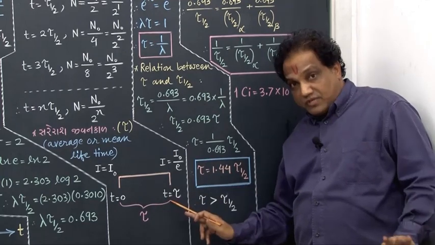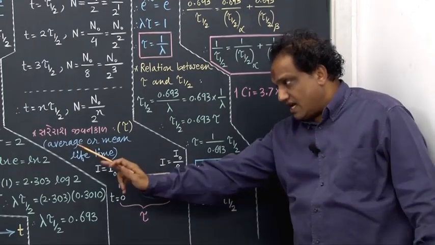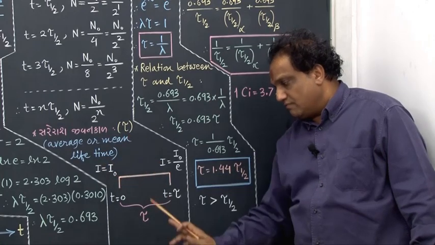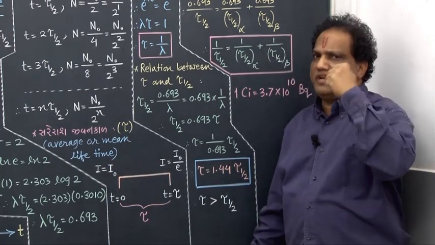That much time interval lapse itself is known as average life or mean life, shown by symbol tau. How would you define it?